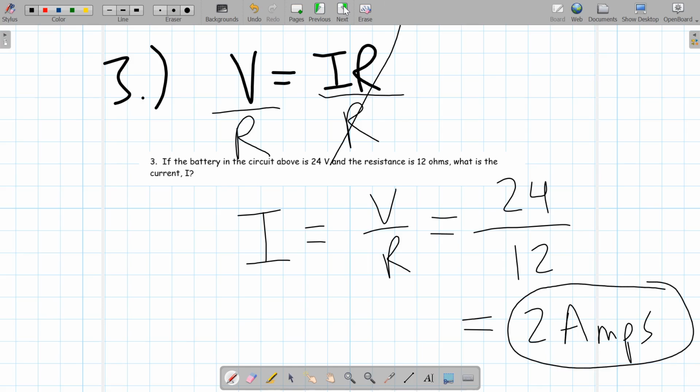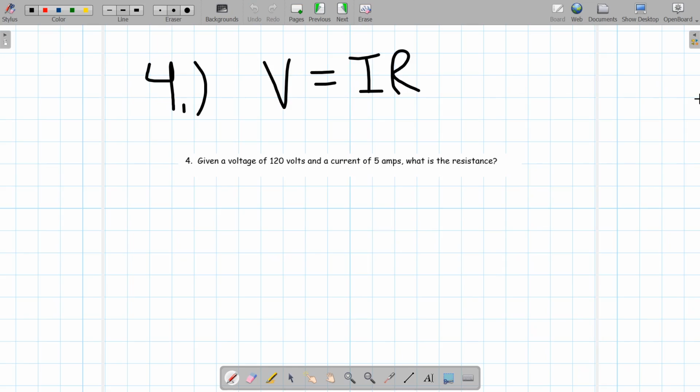Let's do 2 more on this worksheet. The fourth one here says, given a voltage of 120 volts and a current of 5 amps, what is the value of the resistance? So we have to get R by itself. In order to get R by itself, we have to divide this side of the equal sign by I. So the I's cancel, the currents cancel. And remember, whatever you do to one side of the equation, you have to do to the other.